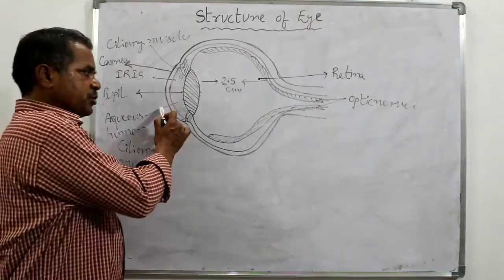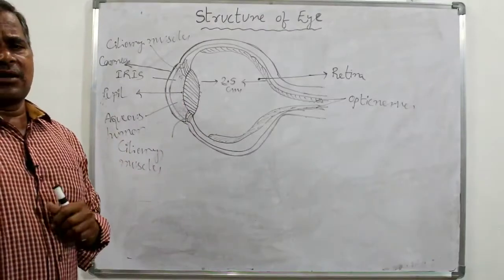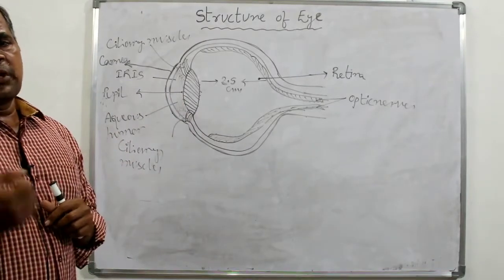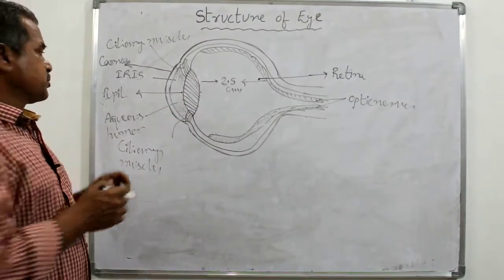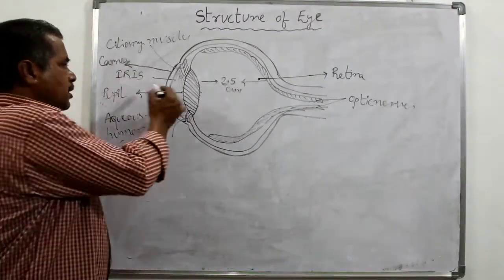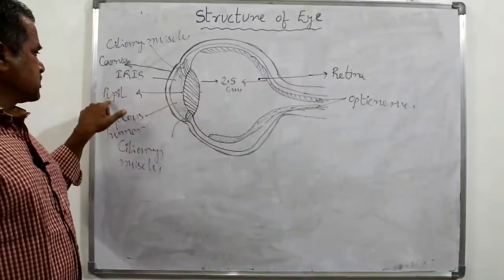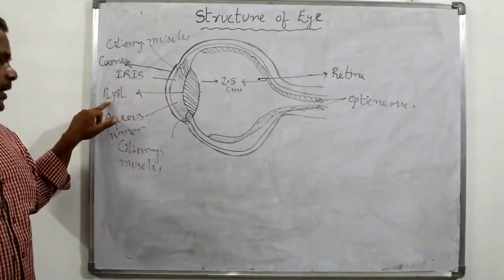Between the aqueous humor and the eye lens, there is a colored muscular membrane called the iris. At the center of the iris, one hole exists. That hole is called the pupil.